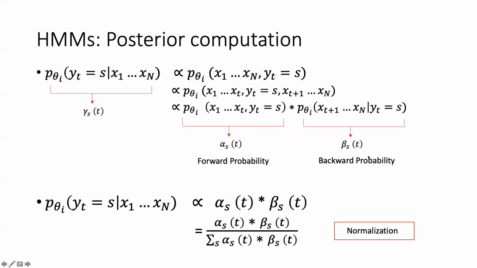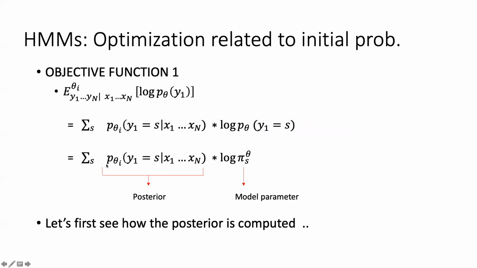So we can make use of the forward and backward probabilities and express this term in terms of alphas and betas. Remember, this is a proportionality, and this is a probability value, so in order to convert it into probabilities, we have to normalize with a normalizing constant by summing over all possible state sequences. Once we obtain the posterior, we can go back and substitute it in this expression.